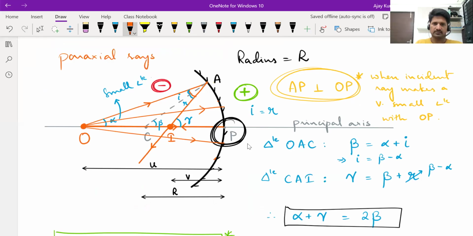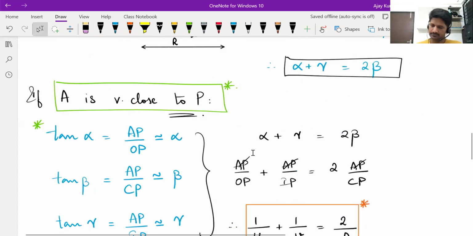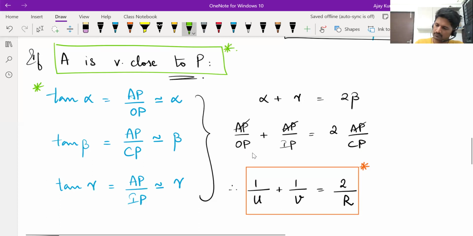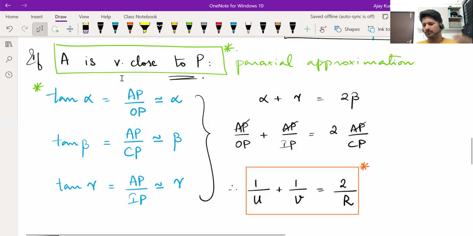Rays close to the axis are called paraxial, and this approximation is called paraxial approximation. So whatever formulas we are going to use in optics are all valid only under this assumption.